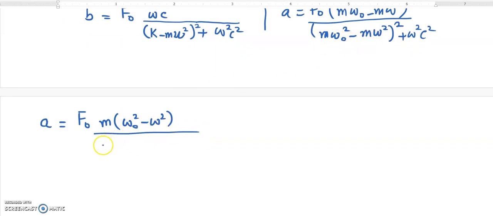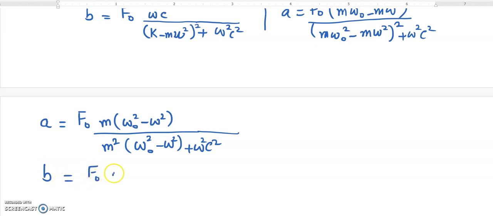Okay, so when m comes out, it will be m square, then omega naught square minus omega square, squared, plus omega square c square. Okay, so in this way it can be represented. And b is like always f naught omega c over, in this case for the b in a similar way, we can represent k by m omega naught square.